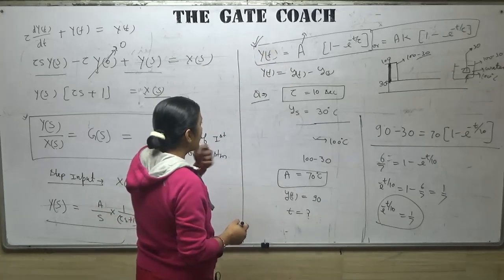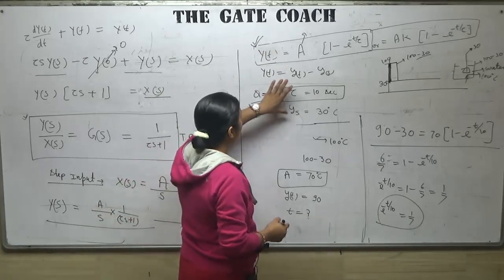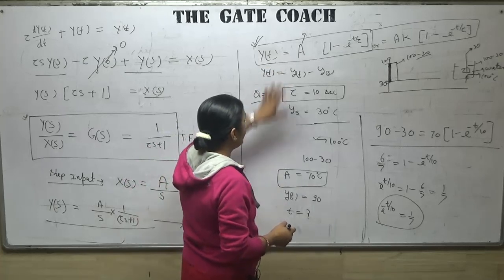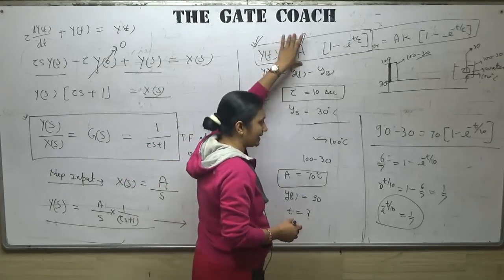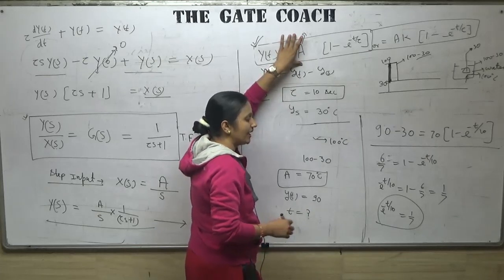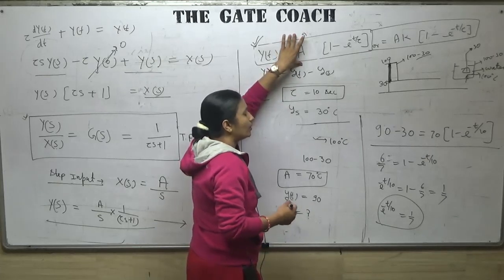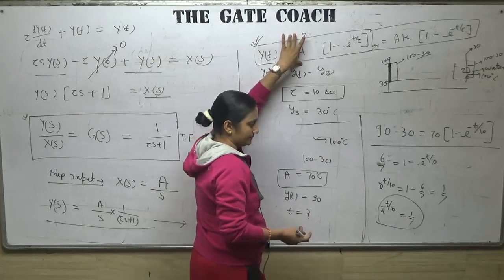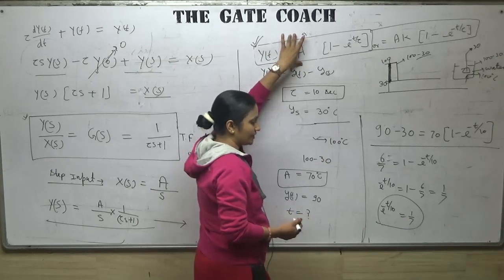We substitute the values of all the given parameters, and A is the magnitude of step input that comes from your x(t) or X(s). x(t) is A into u(t), the unitary step function.